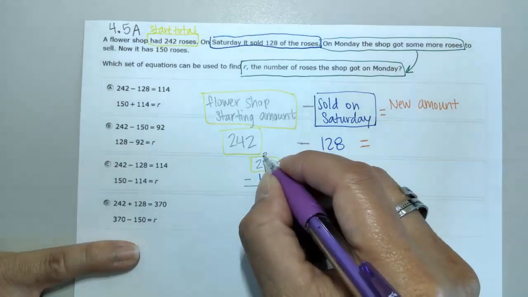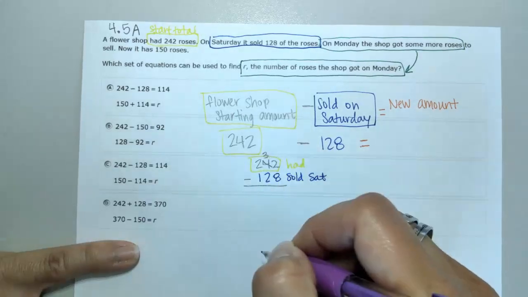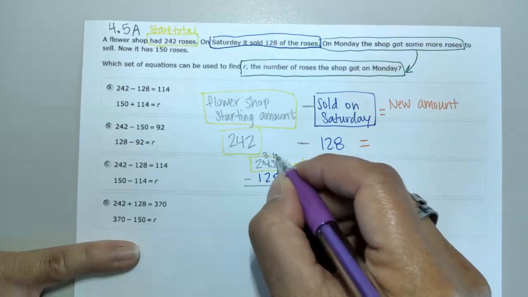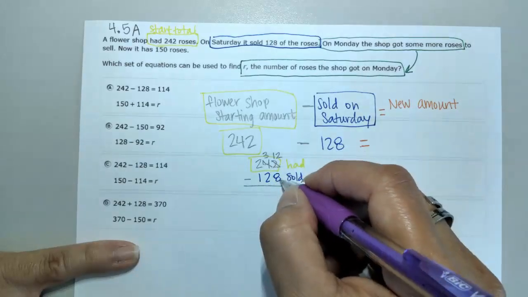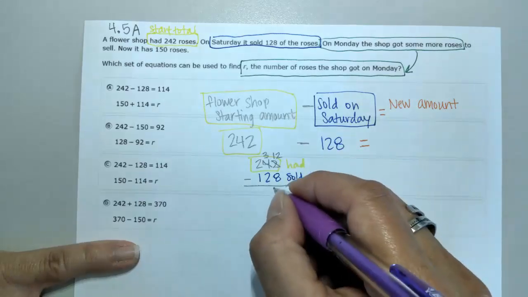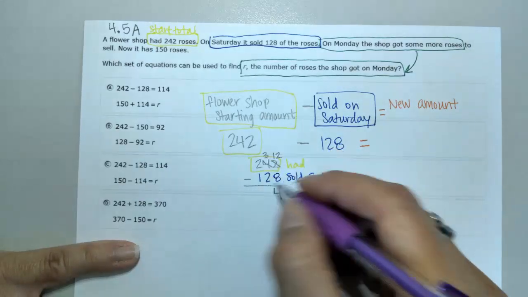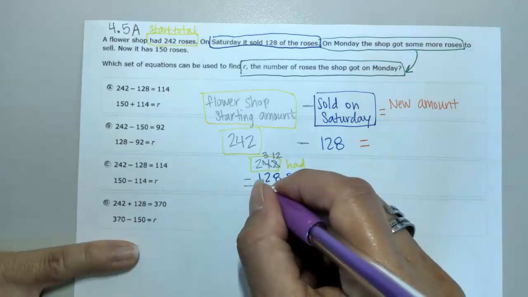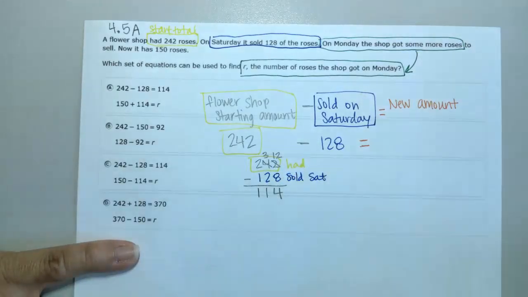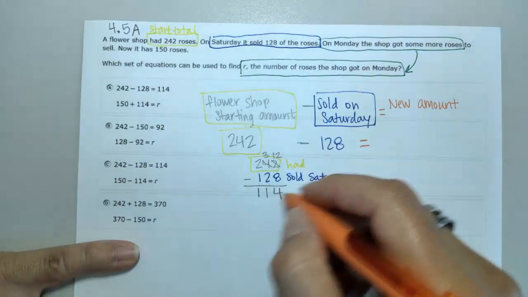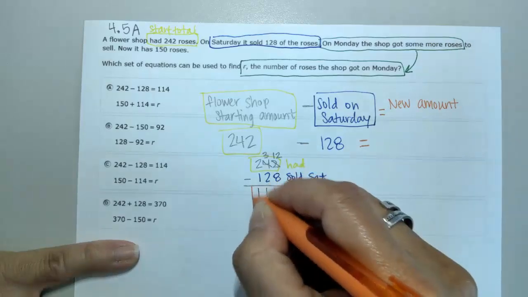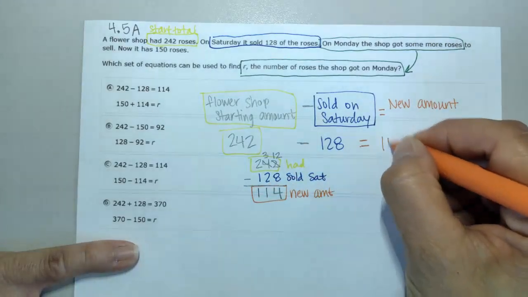So that will become, instead of 40, that becomes 30. And then I need to regroup that 2 with 10, so that 2 becomes 12. So now 12 take away 8 gives me 4. 3 take away 2 gives me 1. 2 take away 1 gives me 1. So this is that new amount that we were talking about, after some were sold on Saturday.